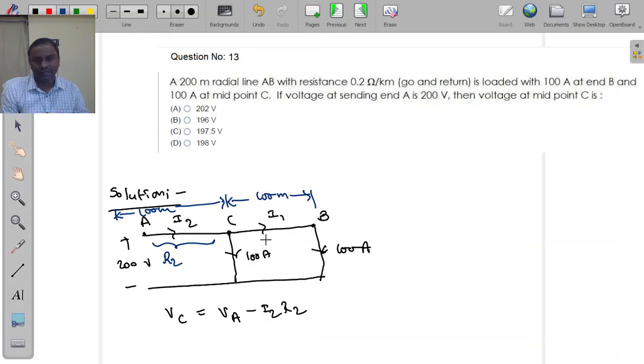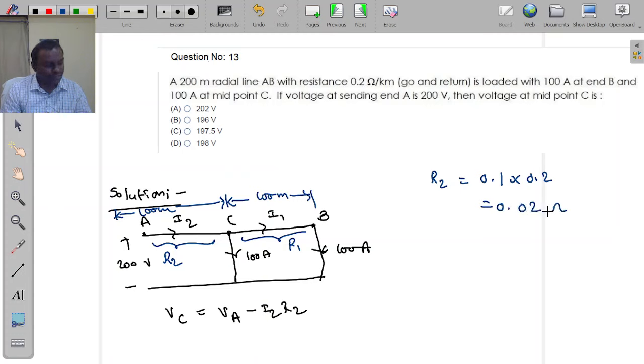So R2 will become 0.2 ohm per kilometer, right? 100 meters will become 0.1 kilometer, and per kilometer it has 0.2 ohm. So R2 will become 0.1 into 0.2, which is 0.02 ohms.